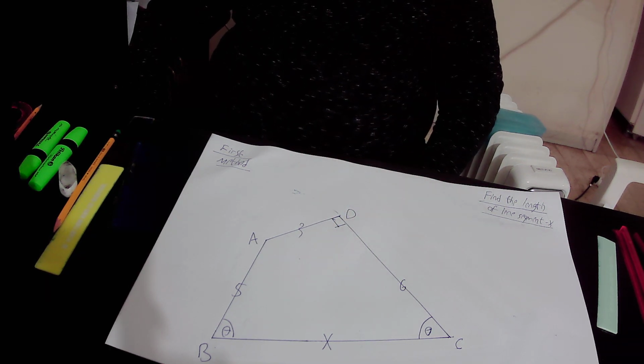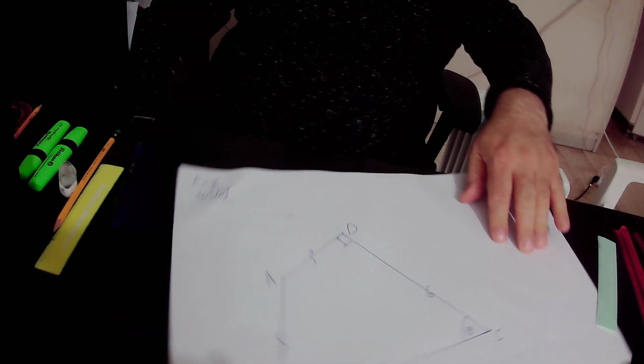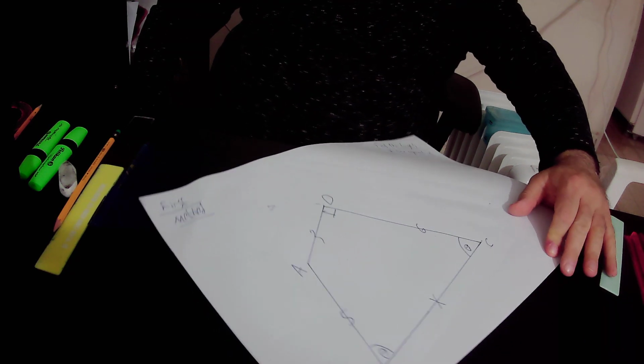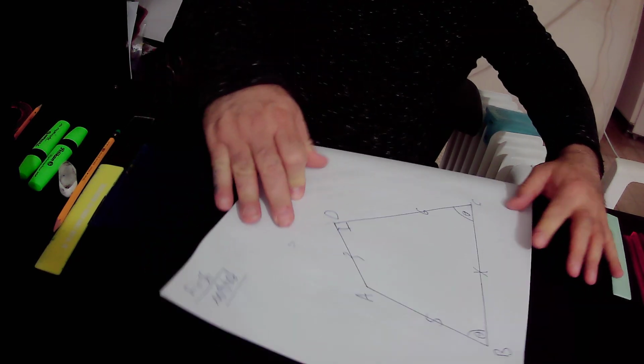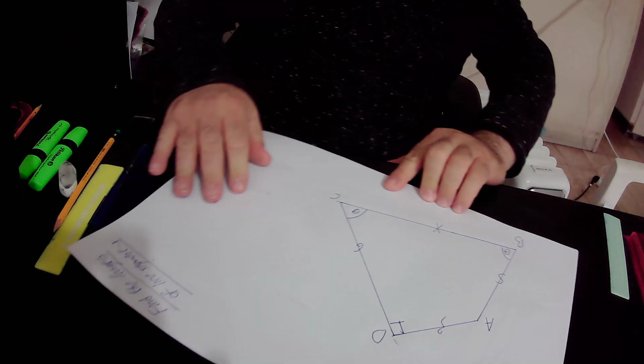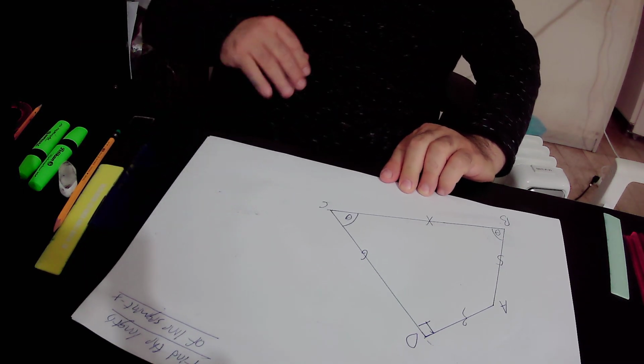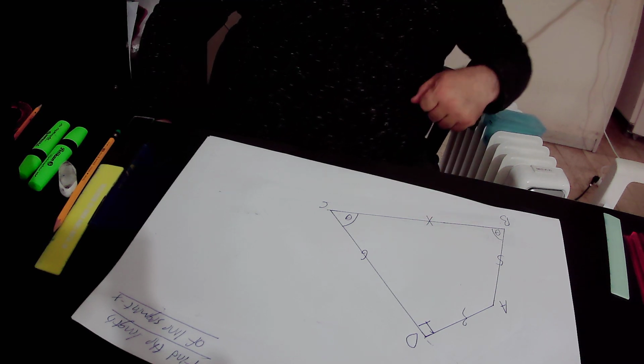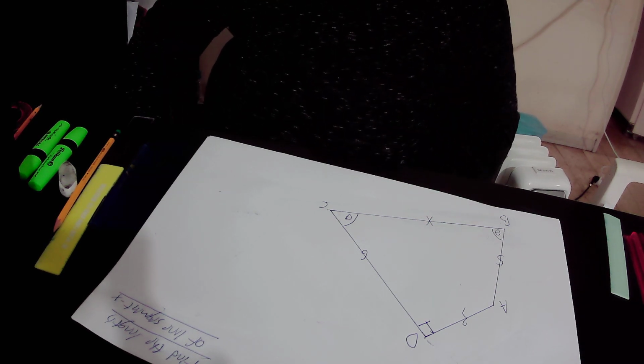So we start with the first method. In the first method, we will make a construction. We will extend side AB and side CD by a straight line until they intersect with each other.